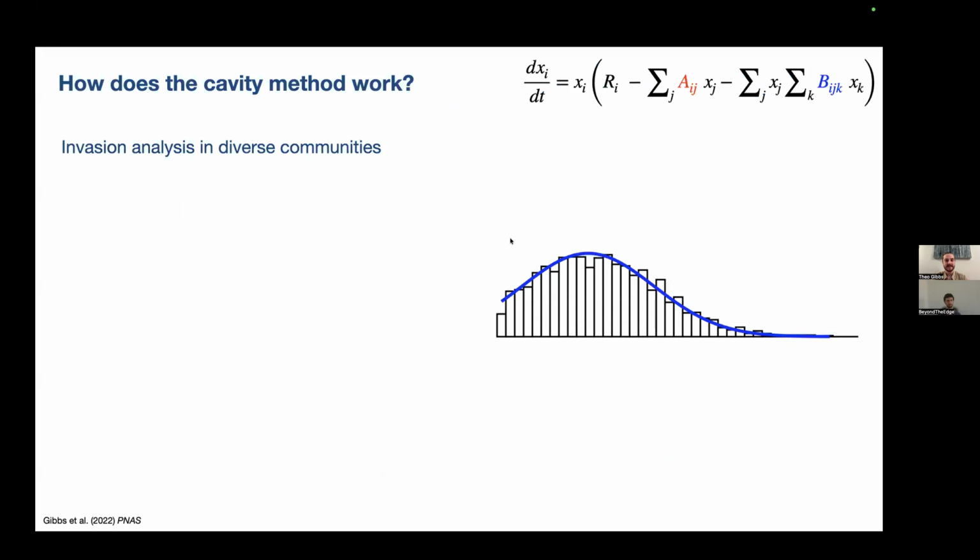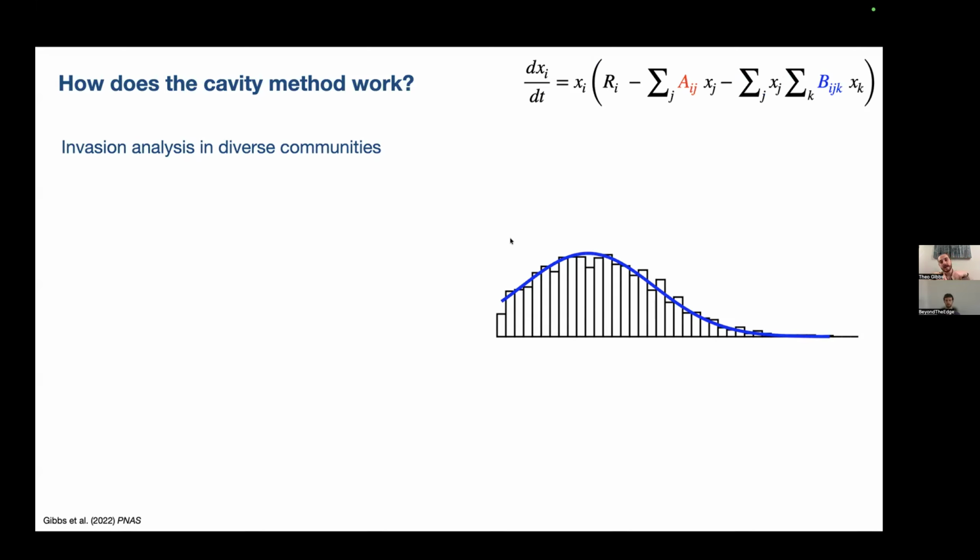So what does the cavity method do? How does it work? It's essentially a generalization of an invasion analysis for diverse communities. So I'll try to give you at least a brief flavor of how this calculation goes in this slide. So you imagine some hypothetical coexisting state where all the species have some set of abundances, or the abundances have some statistics.